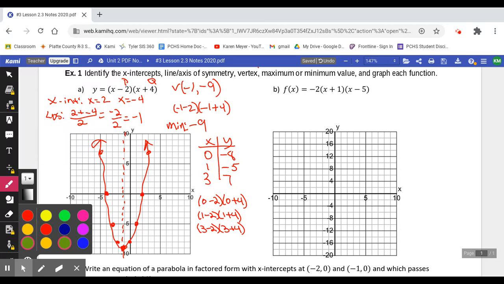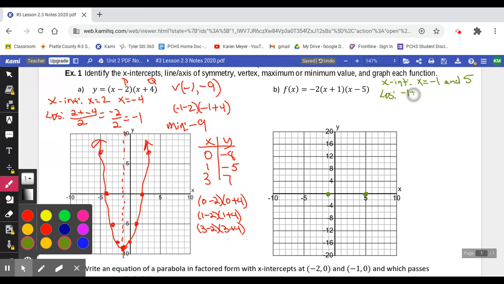All right, let's try another one. X-intercepts. So remember to switch the signs. So that's going to be at negative 1 and positive 5. So here's negative 1 on the x and positive 5 on the x. Line of symmetry, we're going to average them.